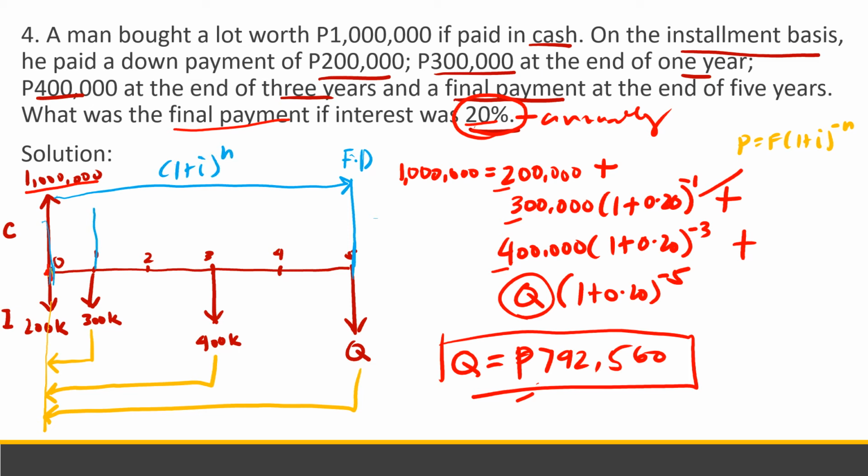And then the 300,000, we move it here. The 400,000, we move it here. So that is also using the compound interest, 1 plus i to the power of n. So this time, it is positive because our equation is the future worth. So, that is the equation of value.